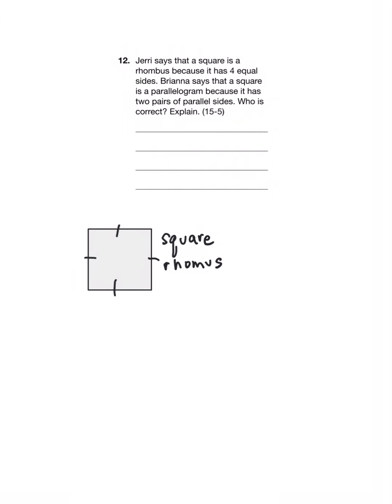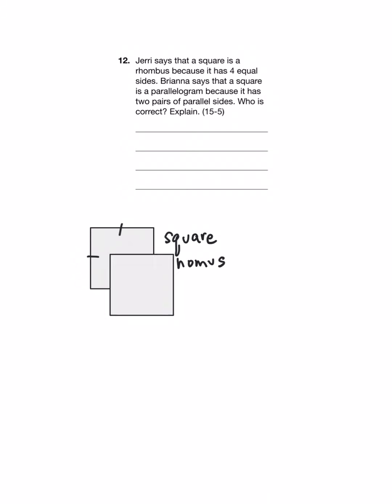In contrast, Brianna says that a square is a parallelogram because it has 2 pairs of parallel sides. So Brianna is saying we can take this shape here and name it both a square and a parallelogram. And the question asks you to figure out who is right, Brianna or Jerry.